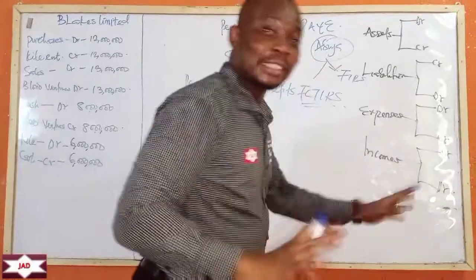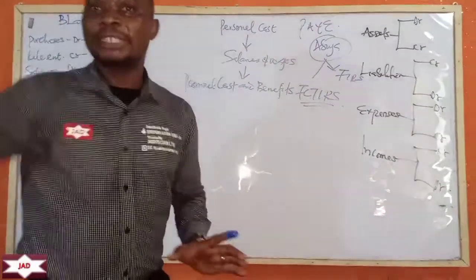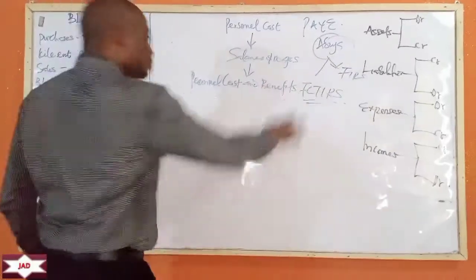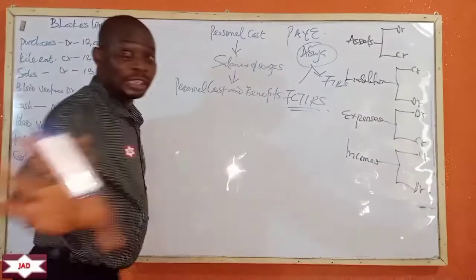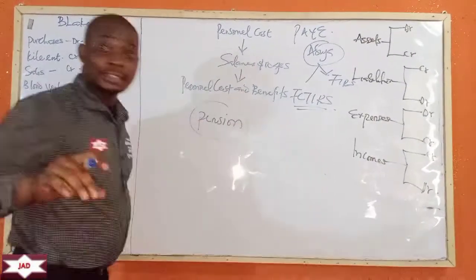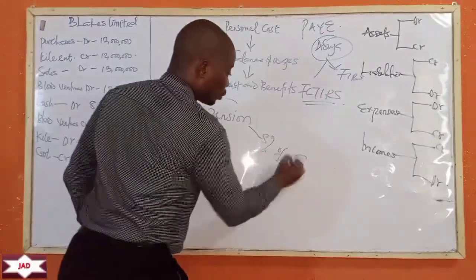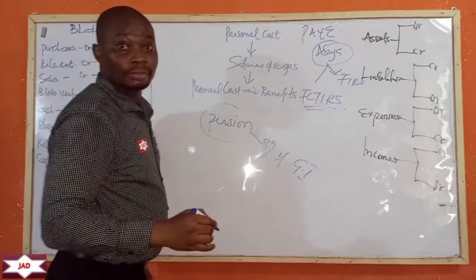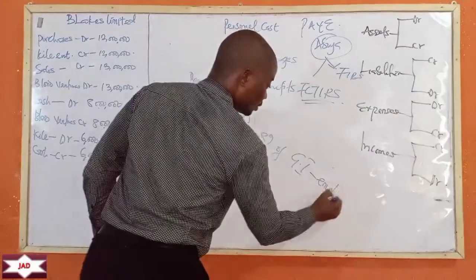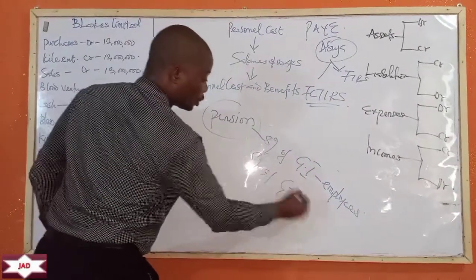So based on the state that your staff are in, when you deduct tax from their salaries, you remit to the respective state internal revenue service. Now, I told you that in computing the salaries, there's something called pension. Based on the Pension Act, your staff are expected to contribute 8% of their gross income. And then you, as the employer, are expected to contribute 10% of the gross income.